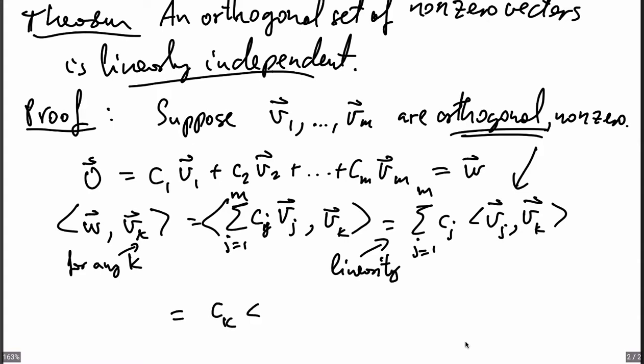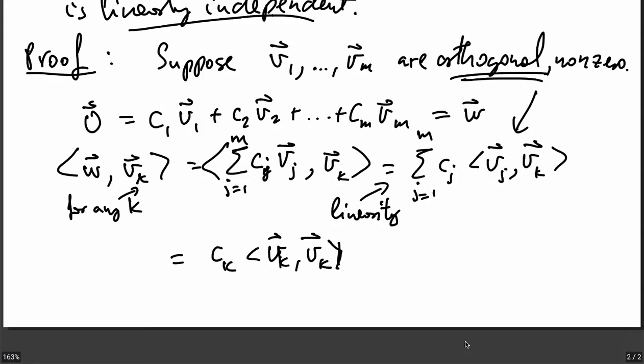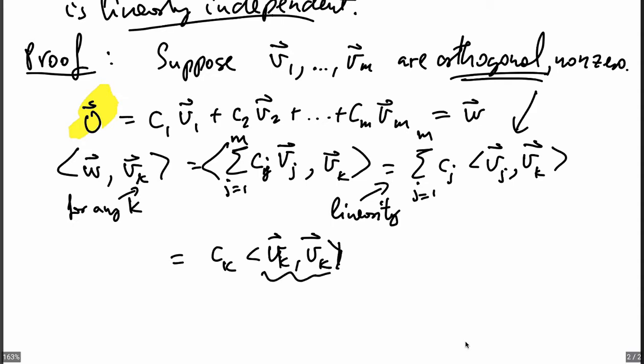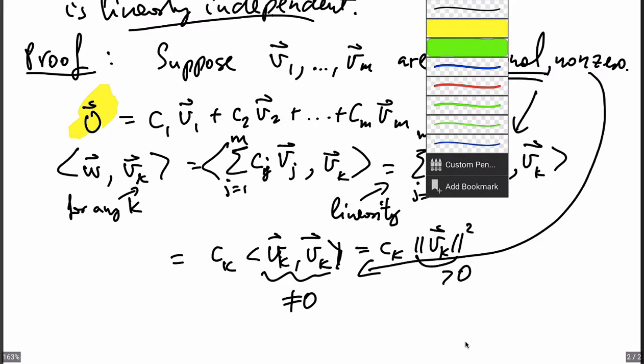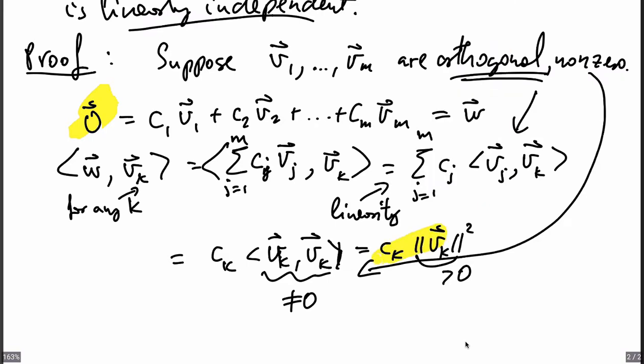We get ck times the inner product vk with vk. And we started assuming that this is 0, and what we got is that here this is not 0 because the vectors are non-zero, and this is actually ck times the norm square of vk, which is positive if the vectors are non-zero. So the only way for this to be 0 is if all the ck's are 0.